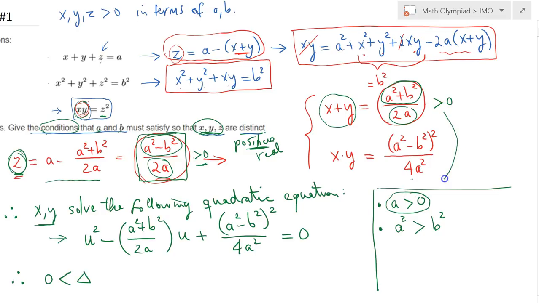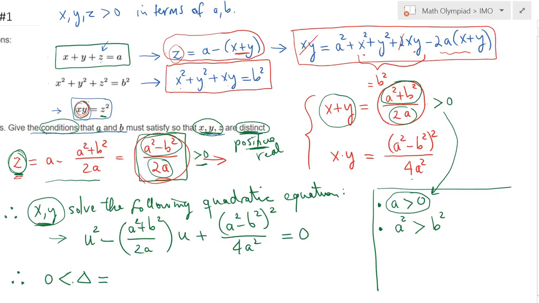I just noticed that I could have found this result easily from this too. The way I found it was from here. But anyhow, what is the discriminant? We have to have the discriminant positive, because the discriminant of this quadratic will give us the two roots, which should be real and positive. So let's focus on the discriminant. Now this is a little bit bashy at this step. Obviously the discriminant can't be equal to 0 because then the roots won't be distinct.